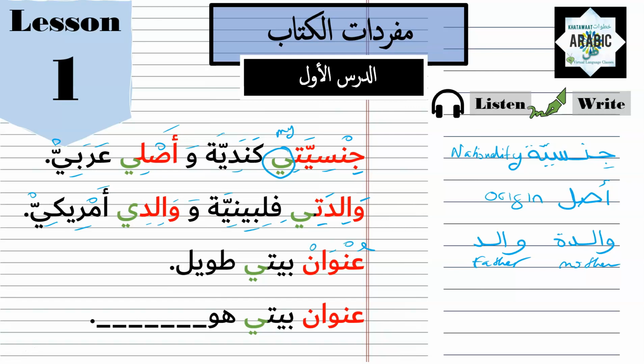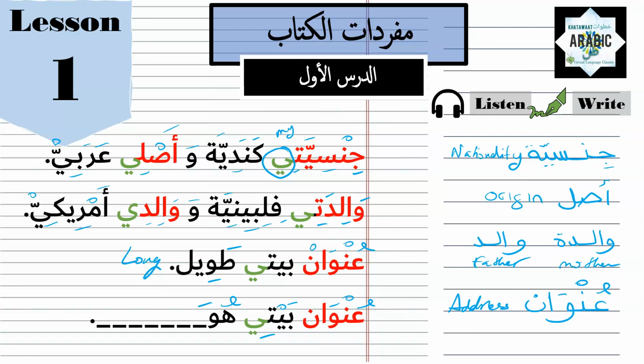عنوان. عنوان بيتي طويل. So عنوان is address. My house's address is long. عنوان بيتي هو.